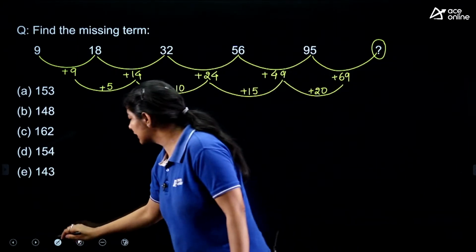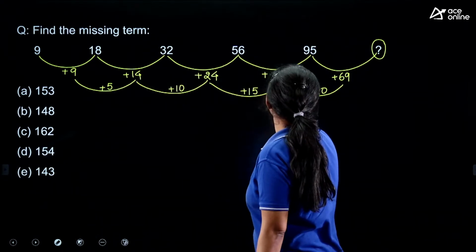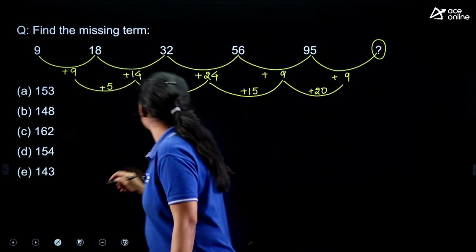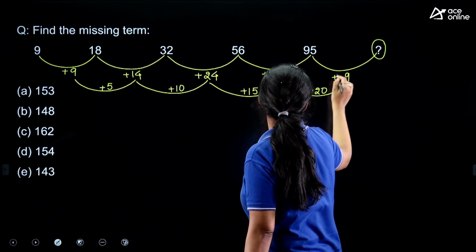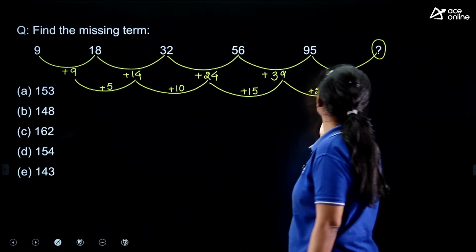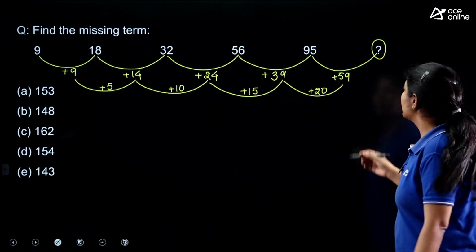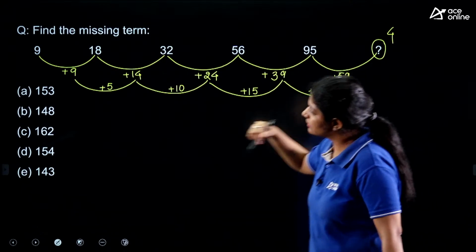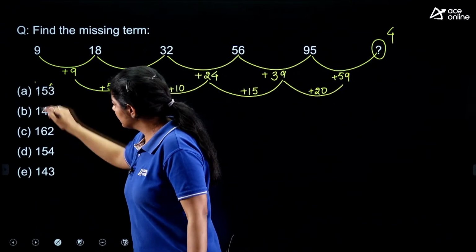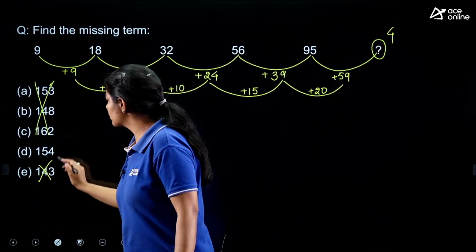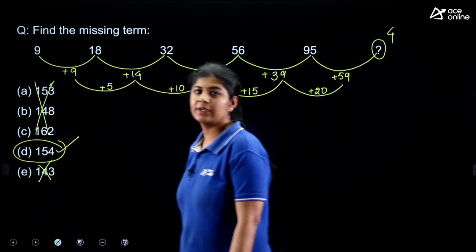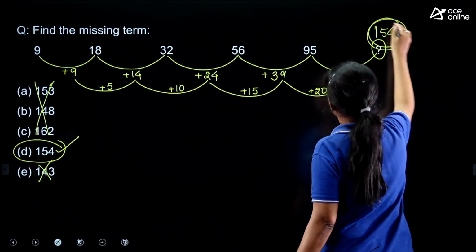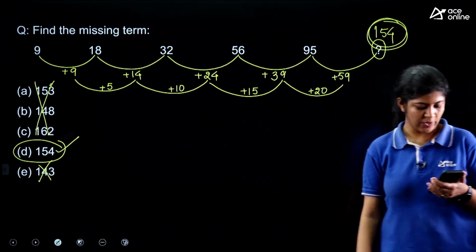Here we got 39, and here we got 59. So if I want to figure out the value, I need to add this one. So these 3 options are eliminated and this is also eliminated, and the correct answer is option number D, 154.